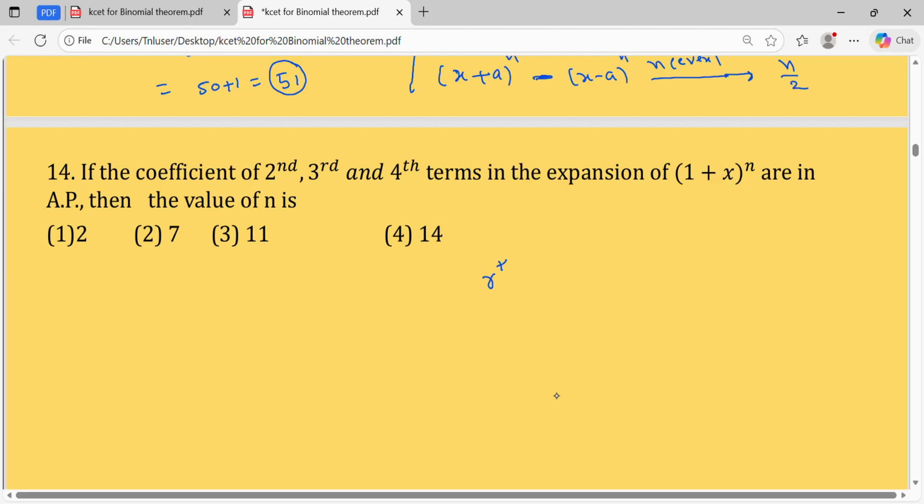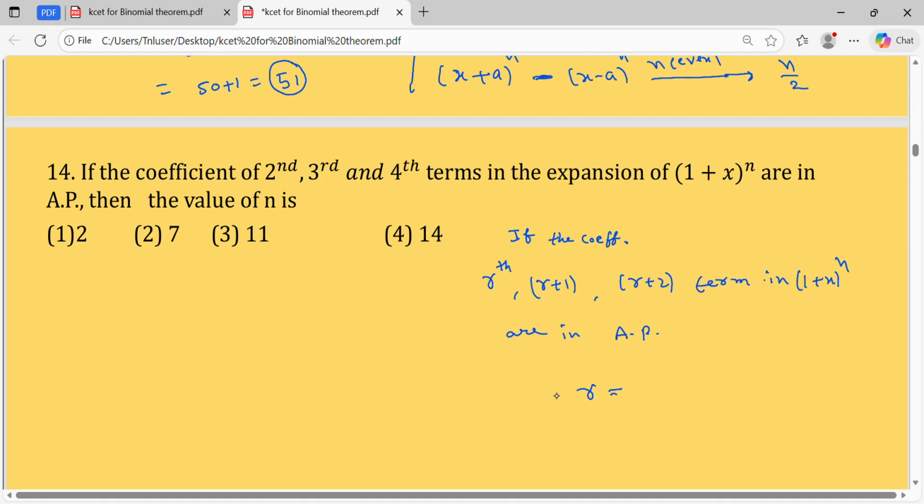If the coefficients of the r, r plus 1 and r plus 2 terms in the expansion of (1 plus x) whole power n are in AP, then it satisfies the following condition.